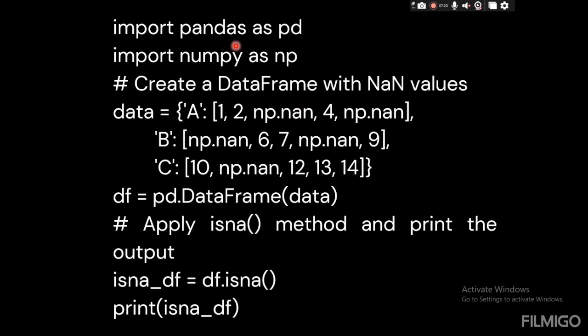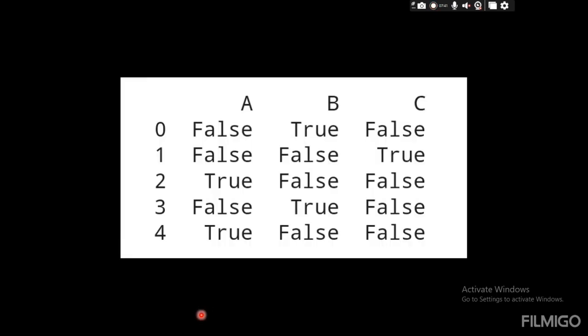We have seen this example earlier, but we did a small modification, and that modification is nothing but applying isNa method on this data frame object called df with this variable. When this variable is printed out, we got the following output.